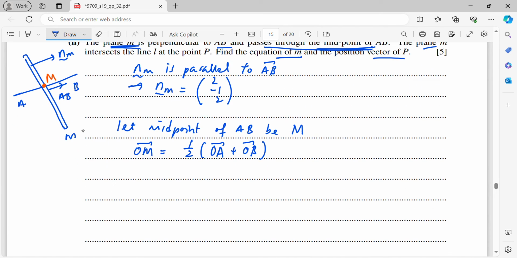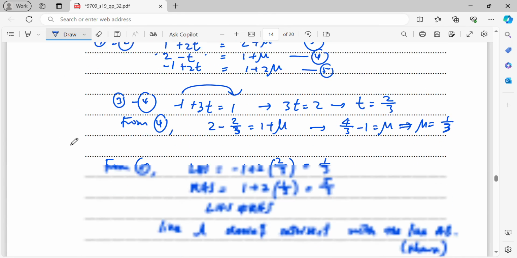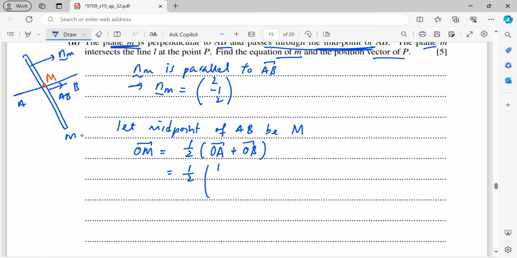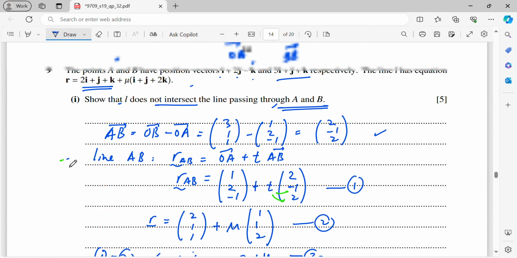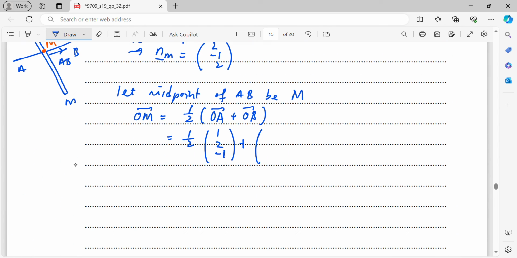Okay, so then from here, you will get half of my OA is basically 1, 2, minus 1, and plus my OB from the previous part, 3, 1, 1. Then you will be getting half of 1 plus 3 is 4, 2 plus 1 is 3, minus 1 plus 1 is 0. Therefore, this is going to be 2, 3 over 2 and 0. Okay, that is the point.